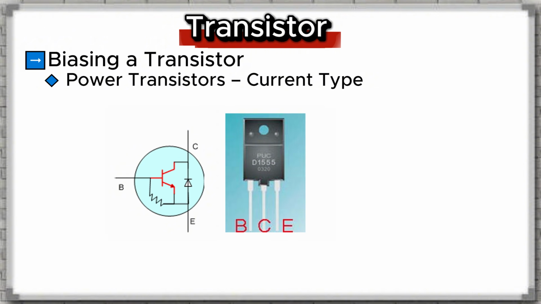They usually operate at high voltages and they can withstand very large currents. In some applications, like in color televisions, these current type power transistors are often built with internal protection diodes connected in parallel with the collector and emitter terminals. For this type of power transistor, when we measure between the collector and the emitter, it behaves like a diode.